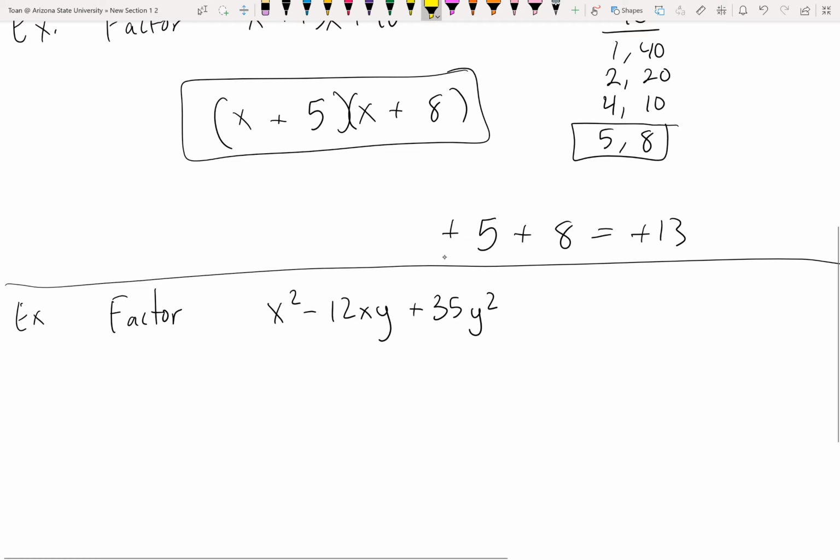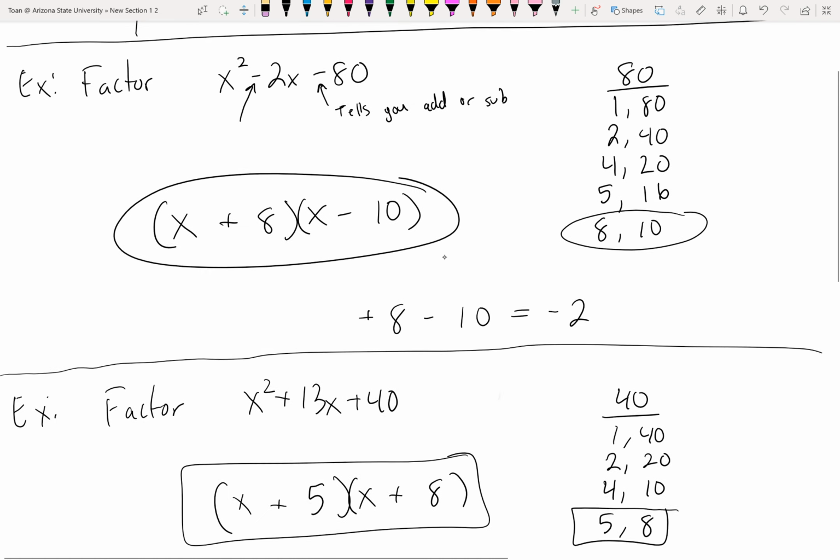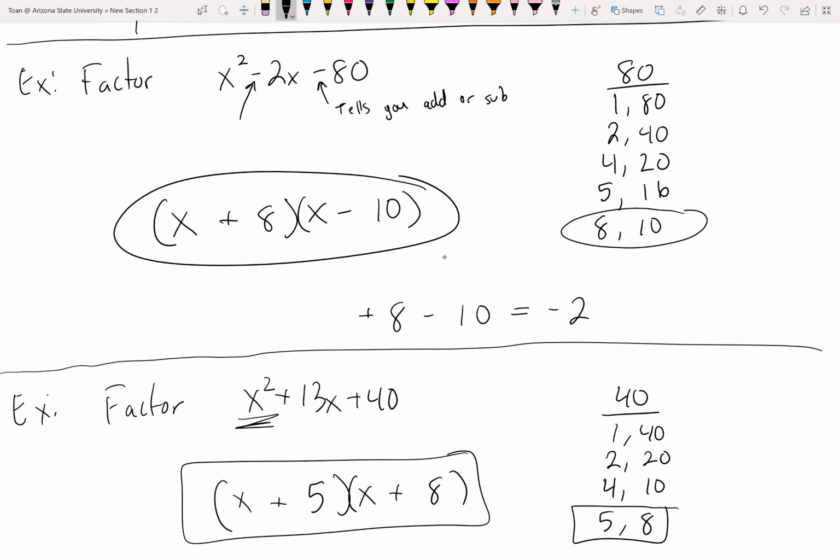I'm going to highlight the x's. Here's the x, here's the x, and the last guy doesn't have any x's. So you start with x squared, in the middle is a single x, and you end with no x's. So although it's not a true quadratic, conceptually, this expression behaves similarly to our two previous expressions. Start with x squared, middle is a regular x, and you end with no x's.